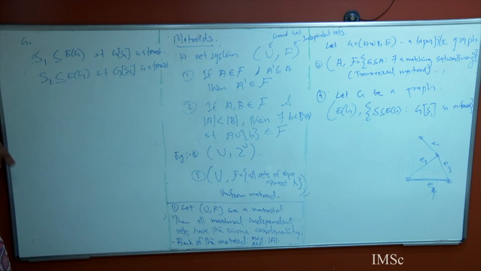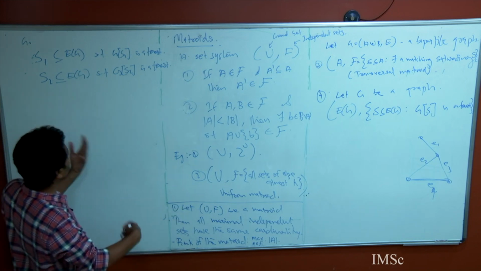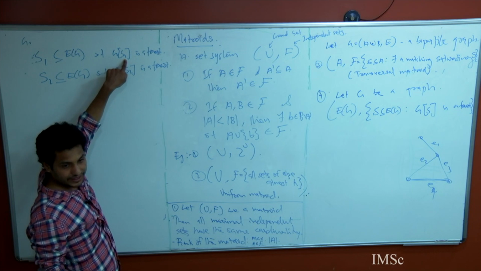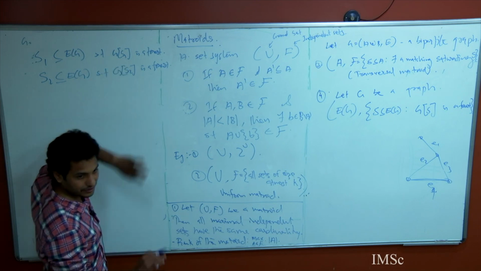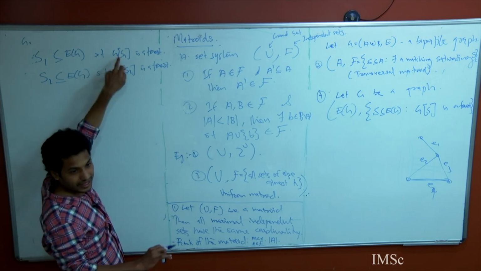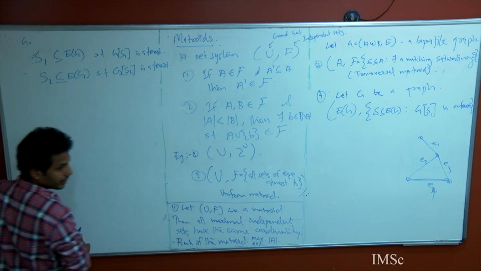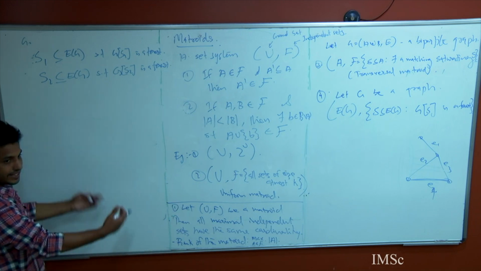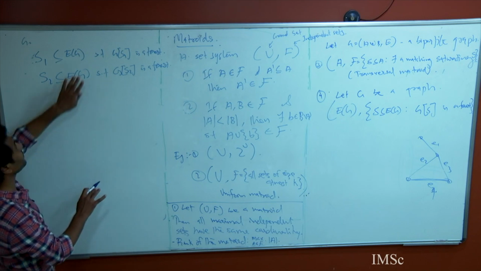Look at the graph induced on S1. When I say graph induced on S1, it is a graph on the entire vertex set of G and these edges. That is the definition of graph induced on the edge set S1.